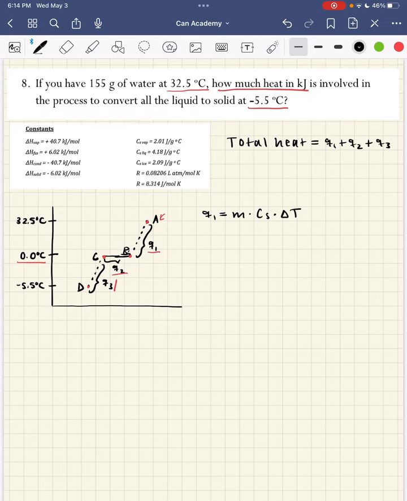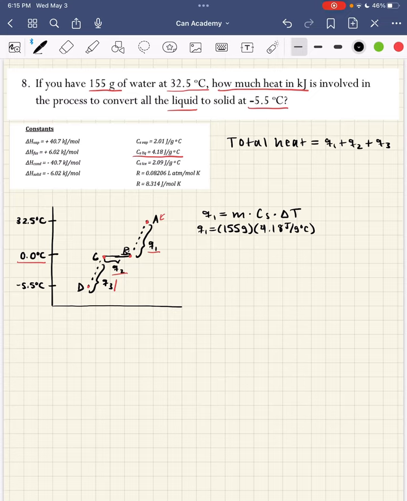We are given the mass in the problem, which is 155 grams. So Q1 equals 155 grams times the specific heat of liquid, because it starts as a liquid, as it says here, convert all the liquid. That's going to be 4.18 joules per gram degrees Celsius, times the change in temperature.